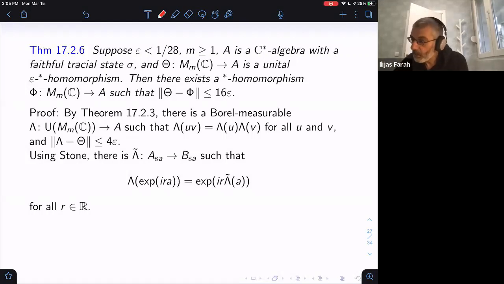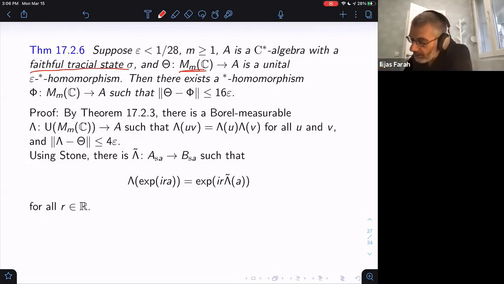Now, M_m definitely has a tracial state, and A just has a faithful tracial state sigma. We don't know anything else about it. What we want to do is prove that lambda sends the tracial state on M_m to sigma. All right, and for that we need Stone's one-parameter theorem.